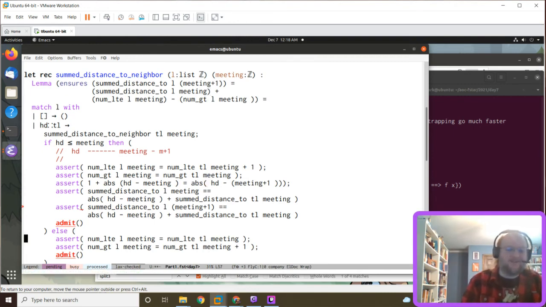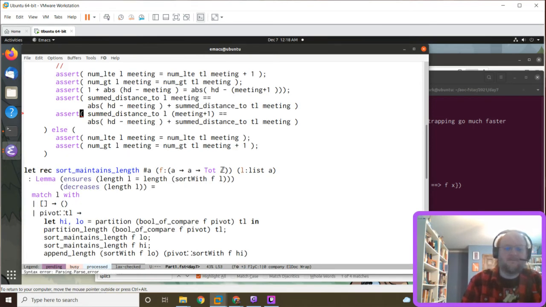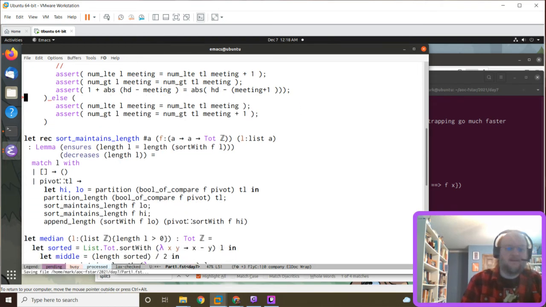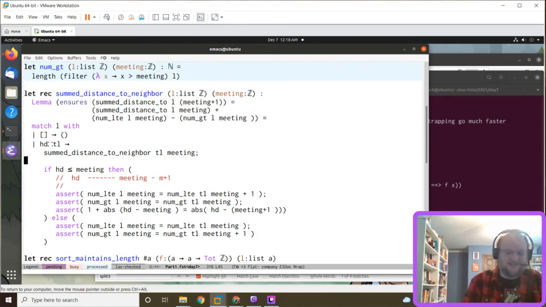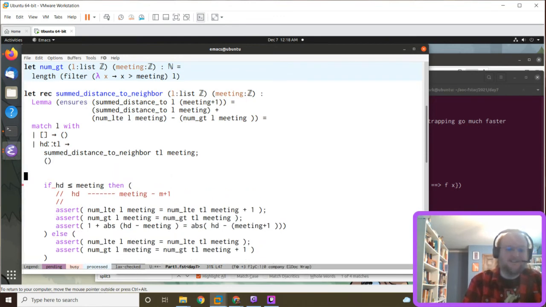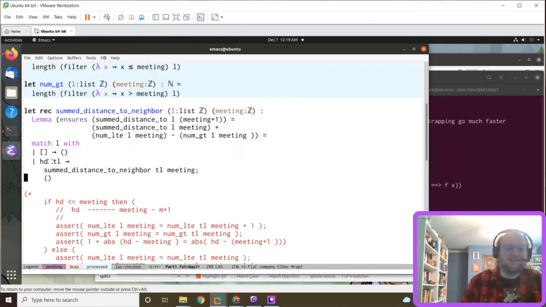So do we actually need any of this? Do we need to point it out?